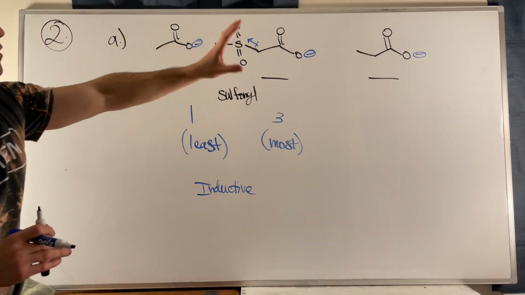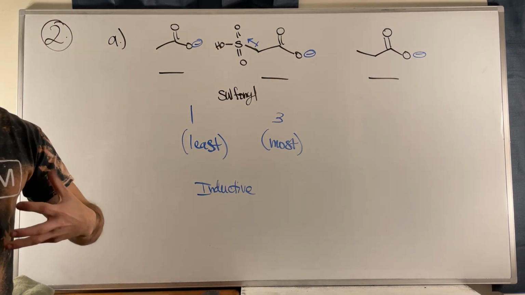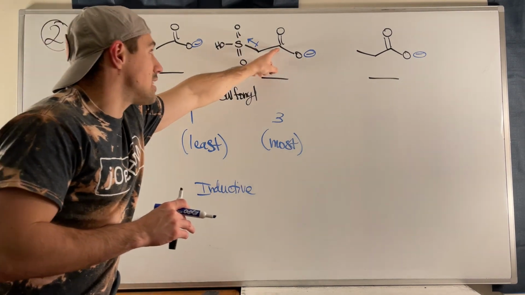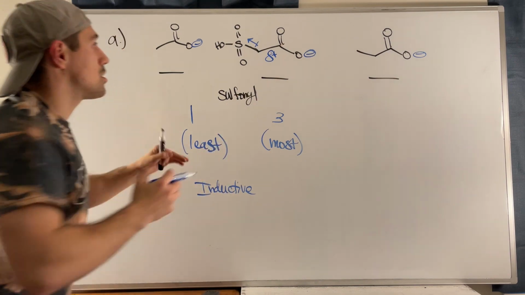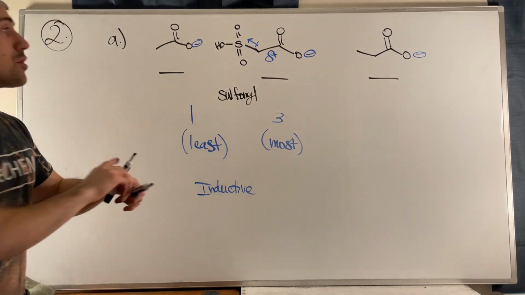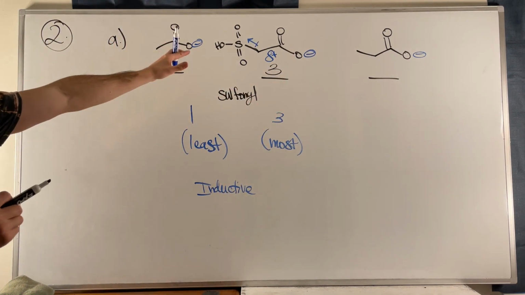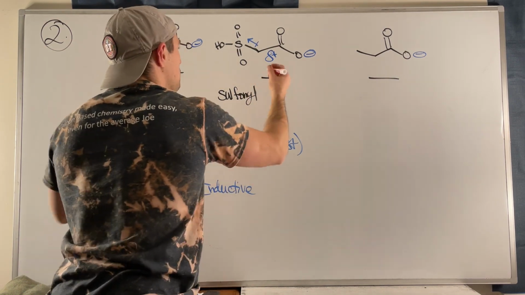So in terms of all 3 of these, no one has a group that is providing this type of inductive effect, right? Because if electron density is moving this way, that means there's more partial positivity over here, which is going to help stabilize this oxygen that takes on the minus charge. So this by far is the most acidic, very easy to see because of the sulfonyl group. Like we do it in red, this is the most acidic, okay?